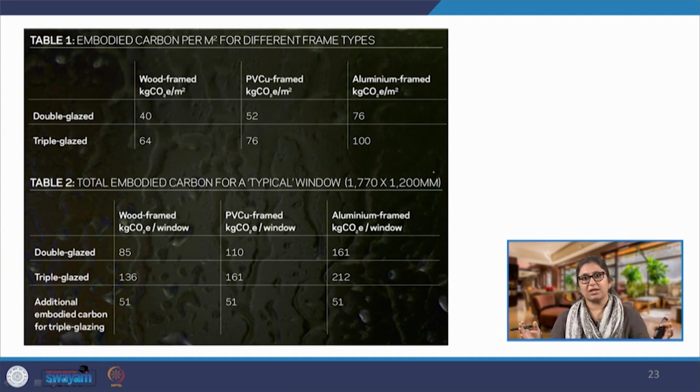So, most of the glasses would have emissions which are fairly in the same range. It does not really create a lot of difference in the overall emission scenario if we choose one glass over the other, but it will create a significant difference in scope 2 emissions because of the thermal performance and the visual performance of this glass.